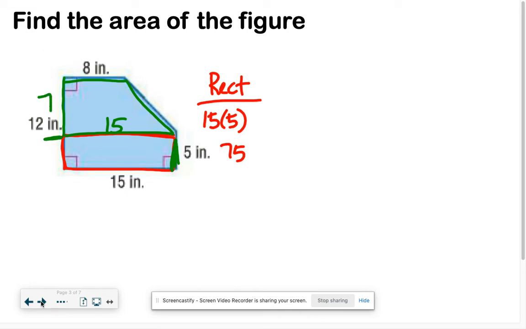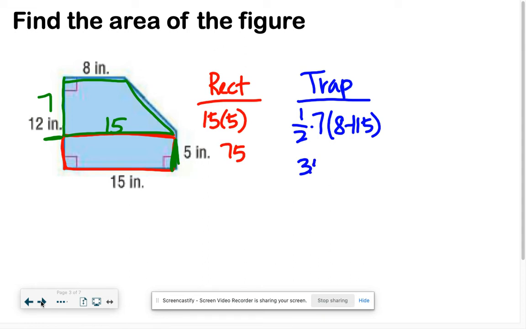Now we can find the area of the trapezoid. Half, your height is 7, times your bases added together. Half of 7 is 3.5. 8 plus 15 is 23. 3.5 times 23 is 80.5.